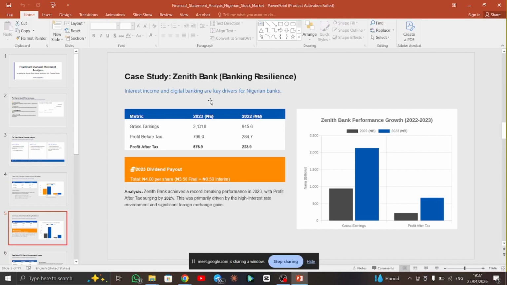In billions. That's why we're analyzing it, right? So if you look at the income statement and you see that there is an increase, I also showed you guys how to get this statement. It is a sign that it is a healthy stock that you can buy. So we are going to move to the next slide.